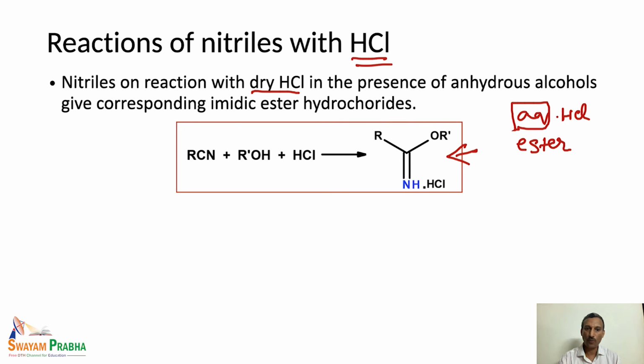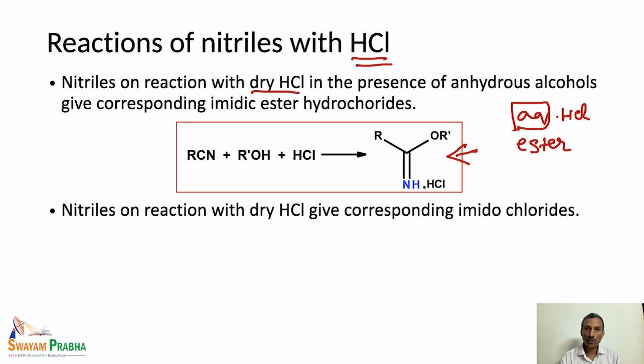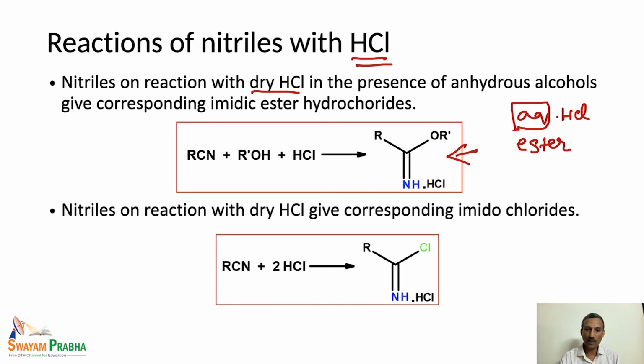our final product. If we are not using alcohol and are simply using only the nitrile and dry HCl, we end up with the imidochlorides; the corresponding imidochlorides are formed. So, these are all the various products that are produced in the hydrolysis of cyanide.